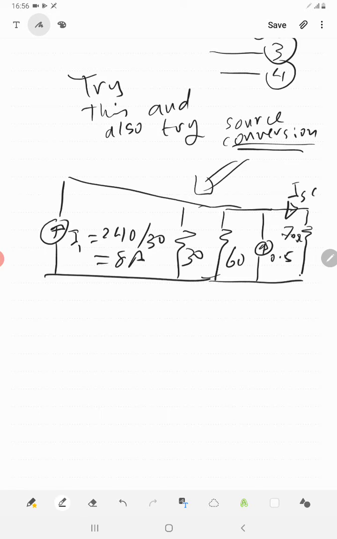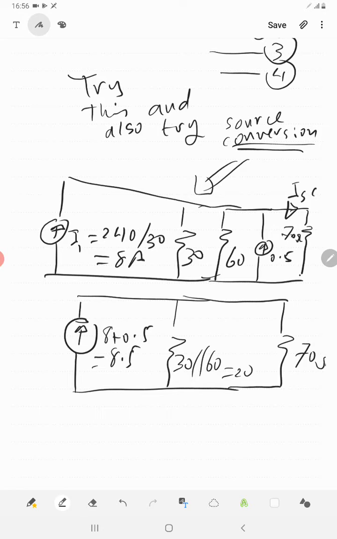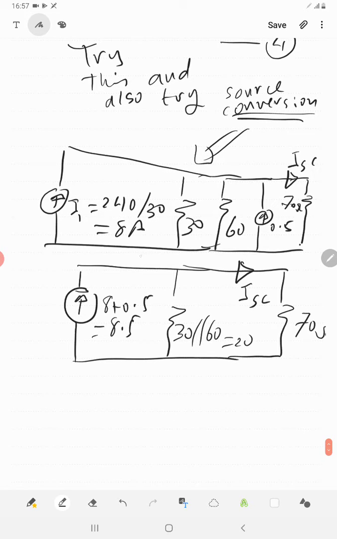Here you have 8 and here you have 0.5, so 8 plus 0.5 equals 8.5. And you have 30 parallel with 60 equals 20, in parallel with 70, and I short circuit here. What you want to determine is I short circuit, so it's the same circuit. Now it's simpler.